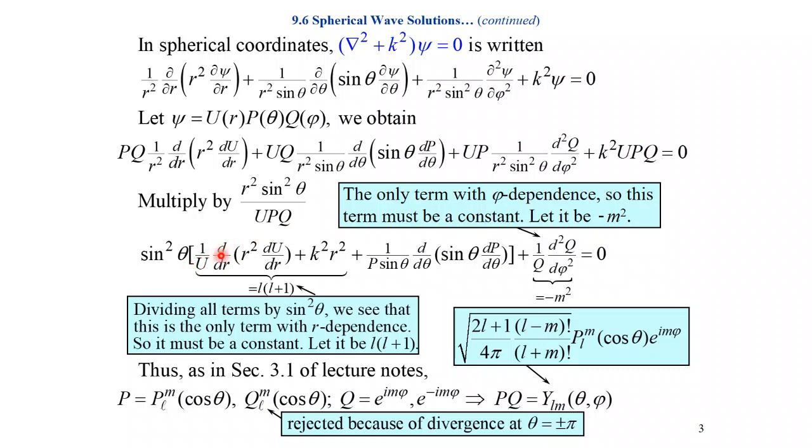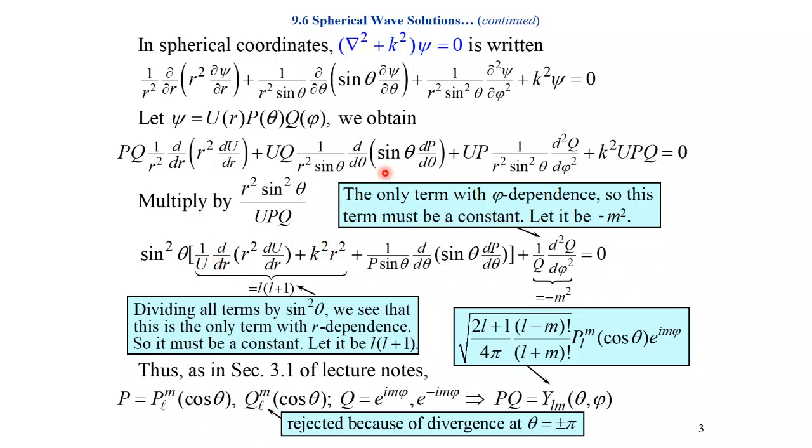The r squared d/dr term, plus k squared r squared. So we have r squared sine theta squared here, which comes from here. Okay? So this part depends on r only.